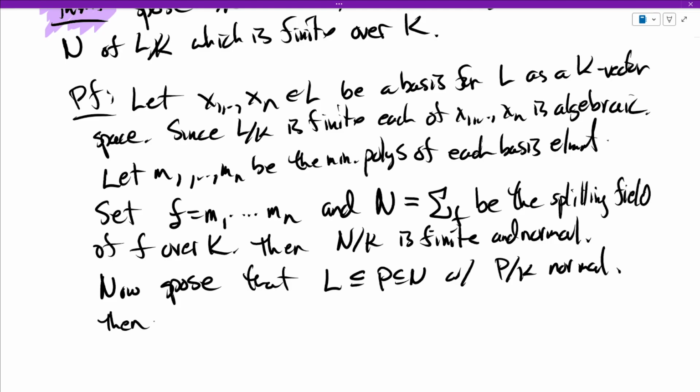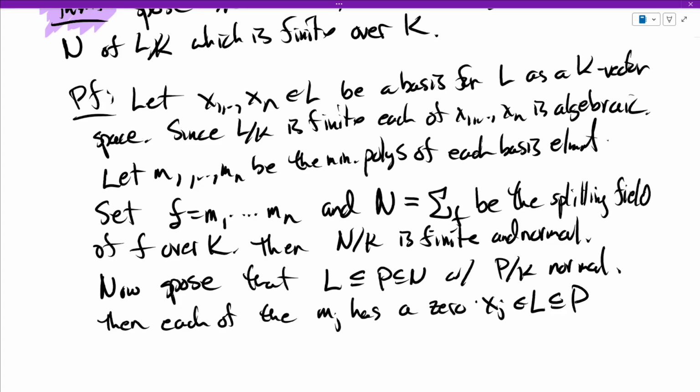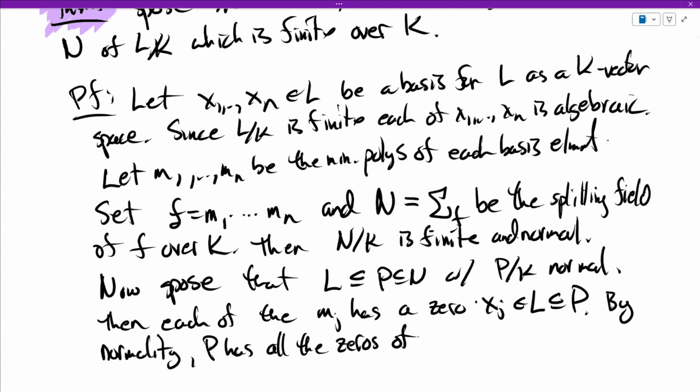Then each of the Mj has a zero in P, because that zero is in L, because x1 through xn were in L, and L is a subset of P. By normality, P has all the zeros of Mj, for each j.